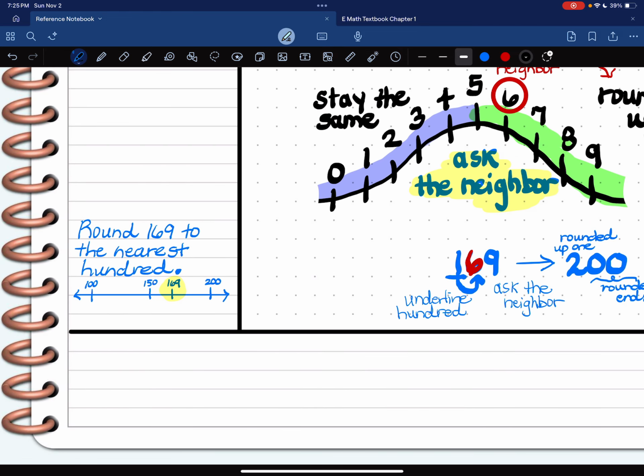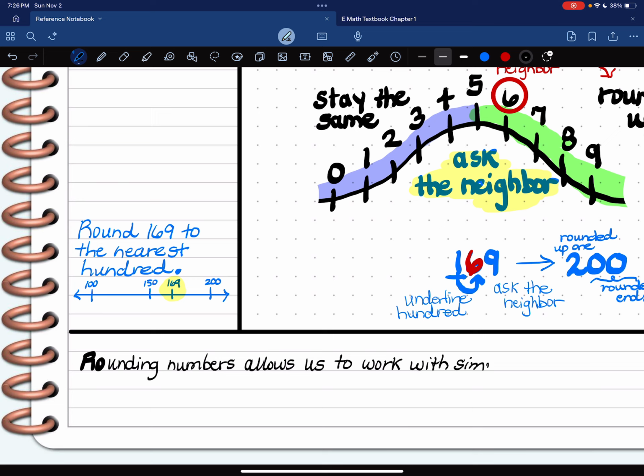I talked about doing this, but I didn't really tell you why we do this. Rounding numbers allows us to work with simpler numbers.